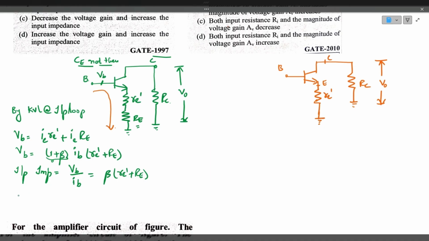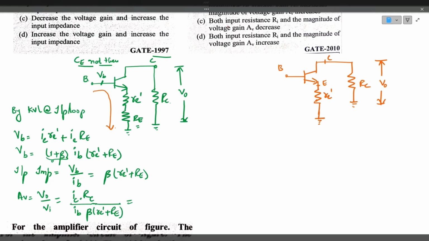In this case, voltage gain AV is equal to output voltage divided by input voltage. Output voltage is the output current, the collector current, multiplied by load resistance, that is collector resistance in this case, divided by input current IB multiplied by input resistance, that is beta into (RE dash plus capital RE).